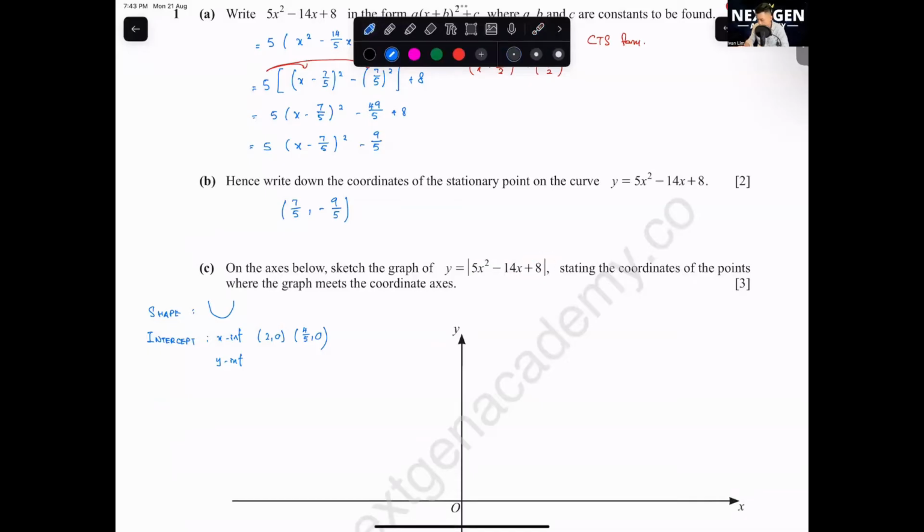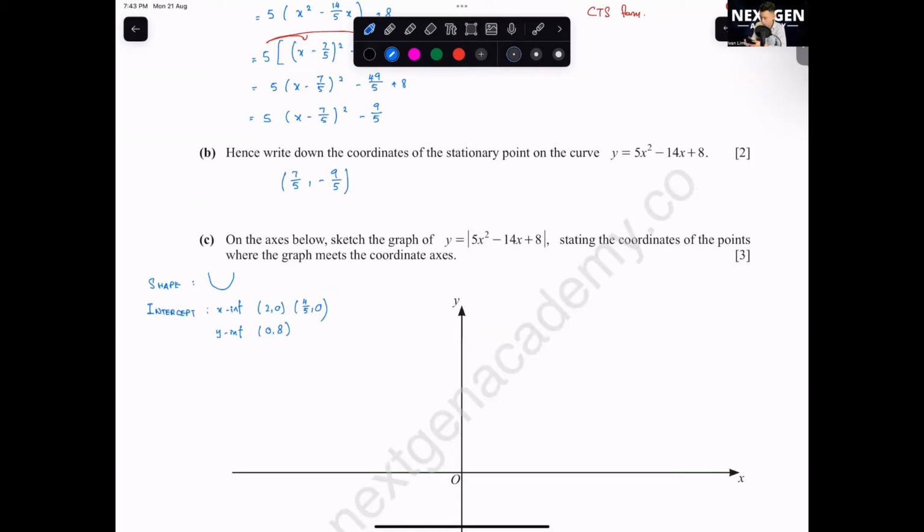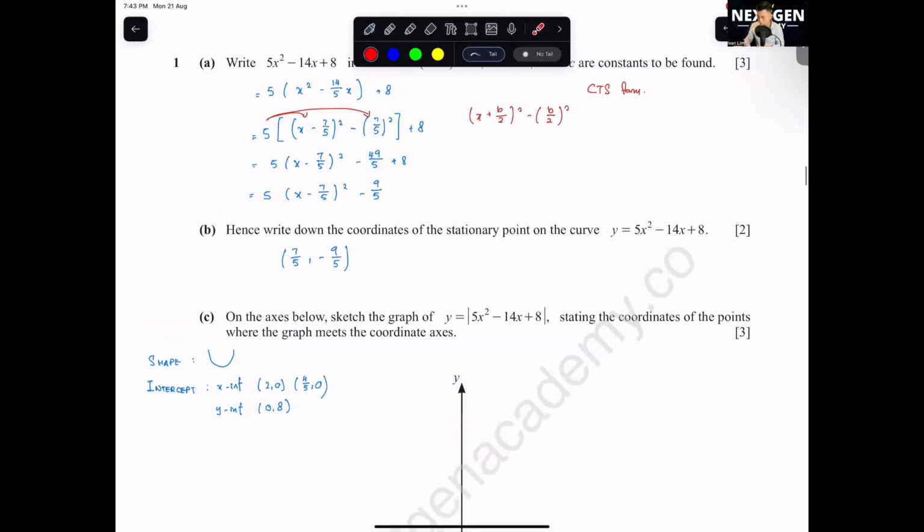Remember, when you do the calculation, you ignore the modulus first, so you always draw the original one. If you want to check whether this is correct, you can also get it from your calculator. Press down some more. It says the minimum of y equals ax squared plus bx plus c is 7/5 for the x, then the y is negative 9/5.